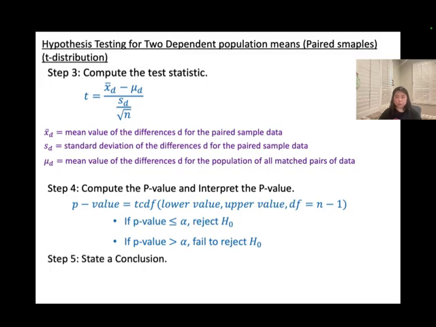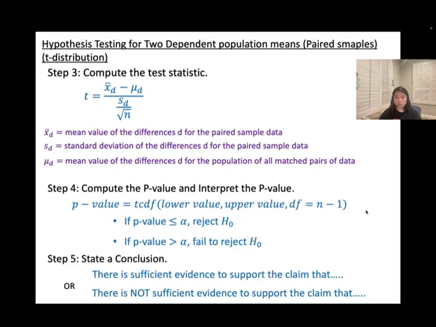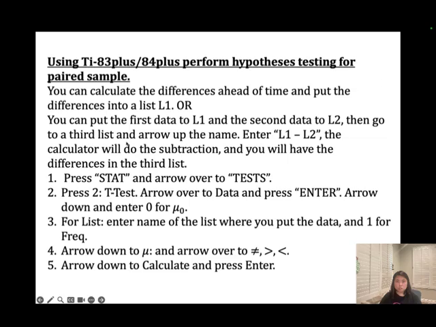If you reject the null hypothesis, then there is sufficient evidence to support the alternate hypothesis, or else there is not sufficient evidence to support the alternate hypothesis. This is the instruction on how to use the TI-84 calculator to perform the hypothesis testing. You can check your work on the test.